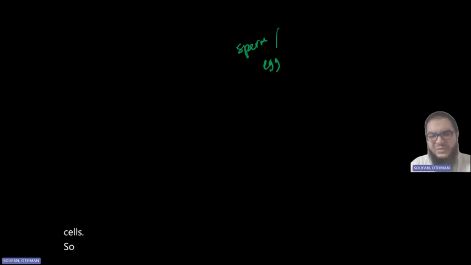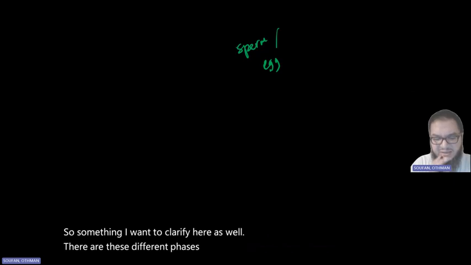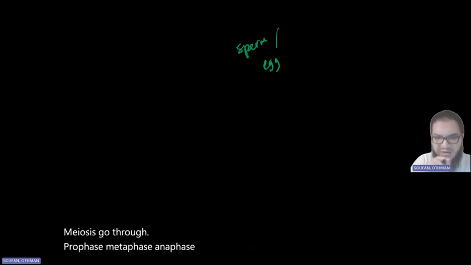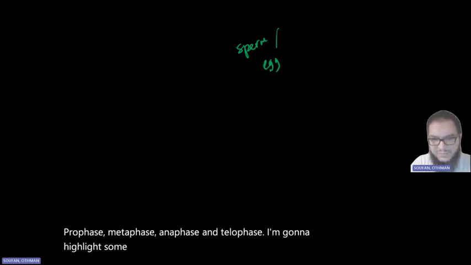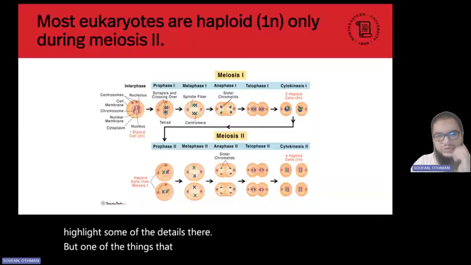So something I want to clarify here as well, there are these different phases that meiosis goes through: prophase, metaphase, anaphase, and telophase. I'm going to highlight some of the details there. But one of the things that we want to consider here is chromosomes, right?